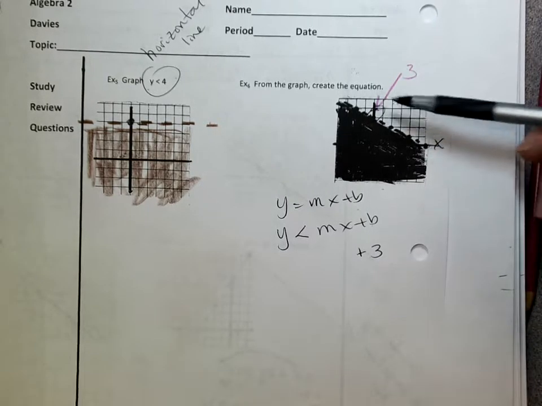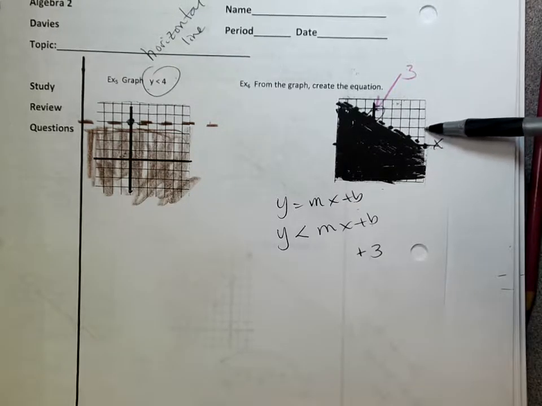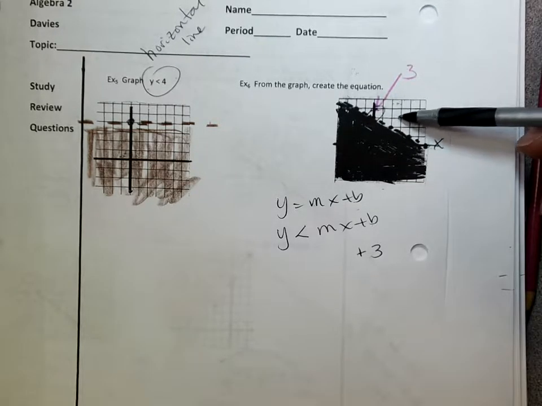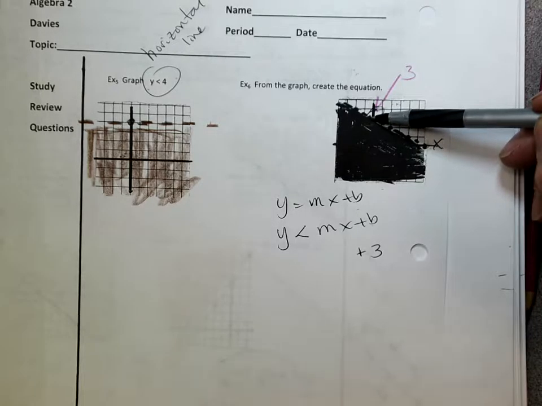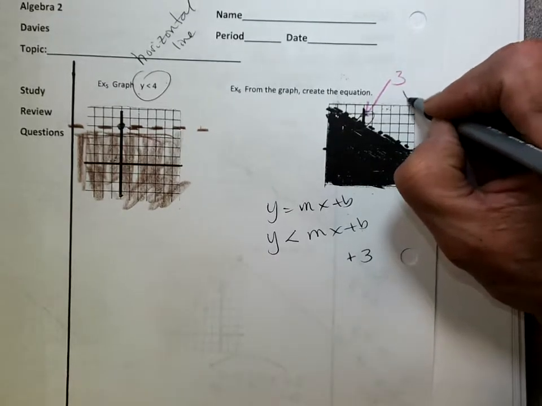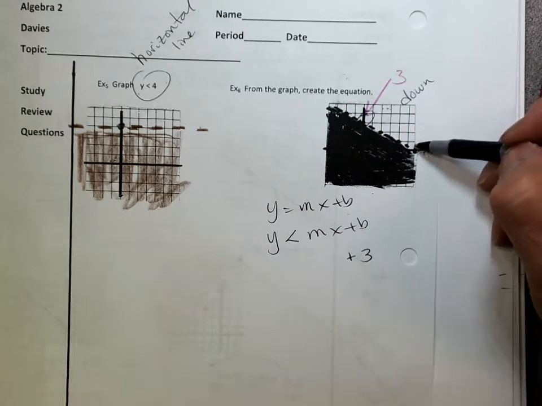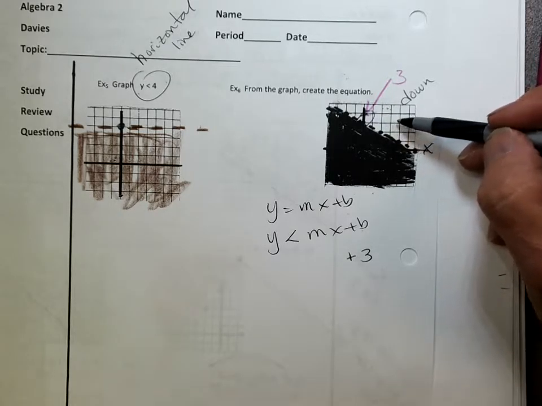Now the slope, it's a little hard to tell, but it looks like from here to here we'd go up 1, 2, 3, 1, 2, 3, 4, 5, 6. So I'm really going to go down 3, down 1, 2, 3, and over 1, 2, 3, 4, 5, 6.